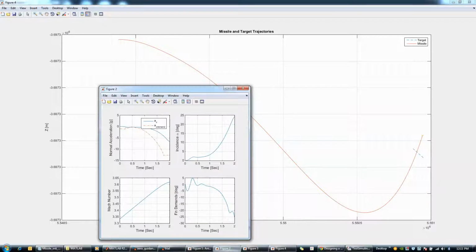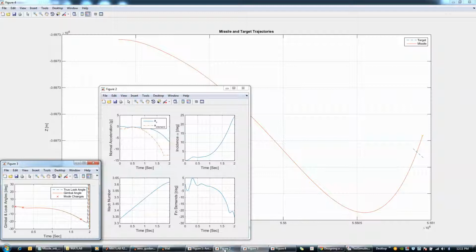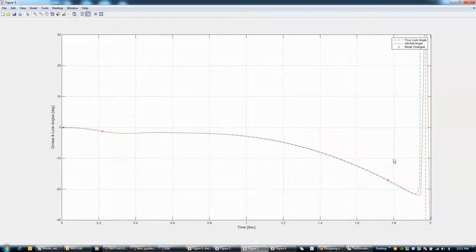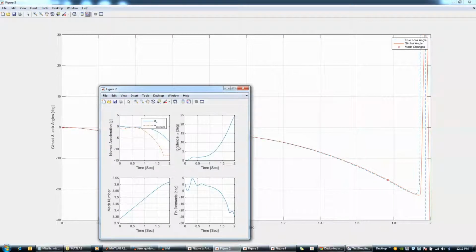You can see this, and some other graphs available are its gimbal and look angles. You can see the sudden changes over here, and also the incidence angle of the missile, the acceleration and how it changed, its Mach number and its fin dimensions.